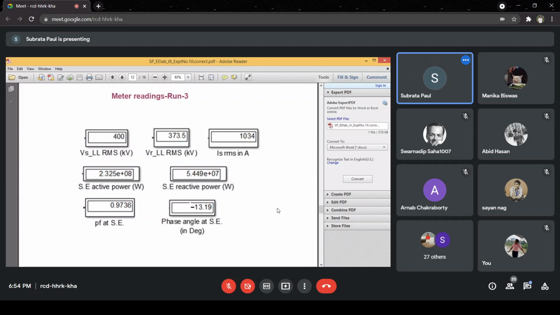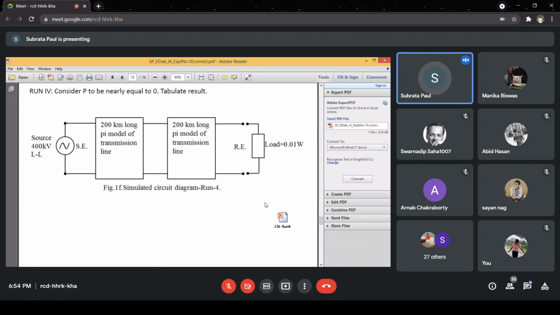In that case, the var will have to be delivered by the sending end, because this series element requires more var than what is being supplied by its shunt element. That will have to be supplied from the sending end to the line. So the sending end power factor is now inductive. The power factor angle is minus, current is lagging the voltage. Okay, these are the situations.